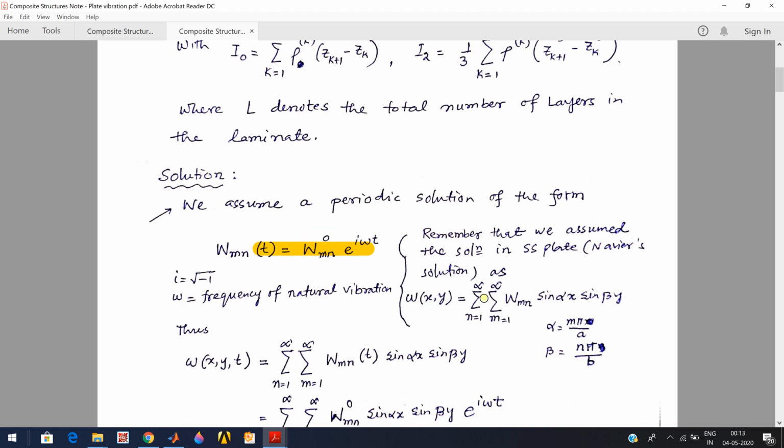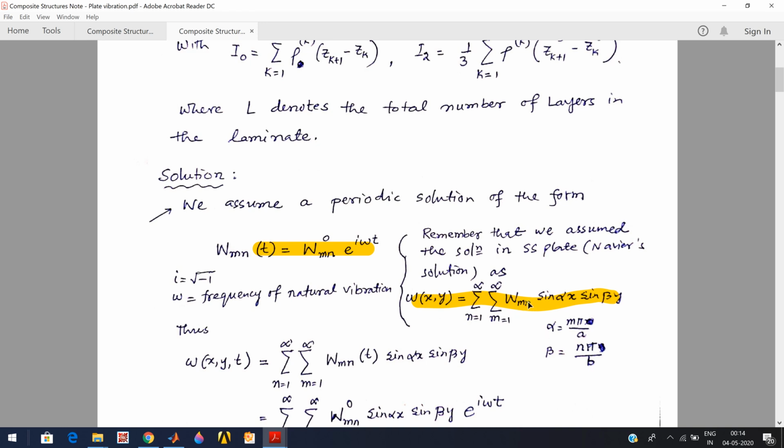Earlier, we have seen that for plate bending, we have used the transverse deflection as a Fourier double sine series, expressed as Wmn sine alpha x sine beta y, where alpha is m pi by a and beta is n pi divided by b.